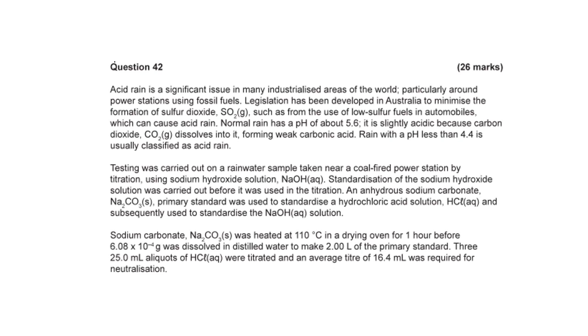Then 3 25 mL aliquots of hydrochloric acid were titrated against that primary standard to make hydrochloric acid the secondary standard. This hydrochloric acid was then used to standardize the sodium hydroxide. So you've got 2 titrations before we've even got to the rainwater.